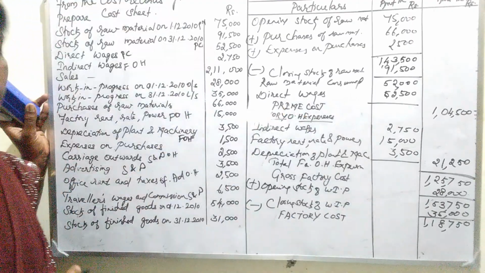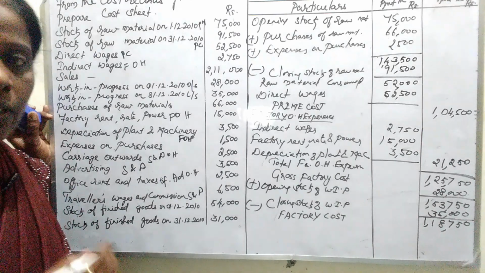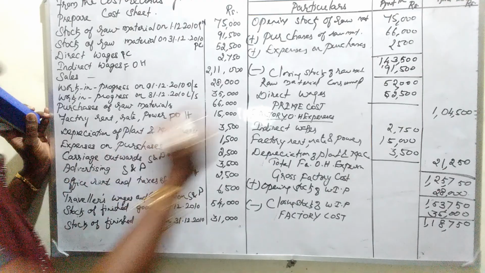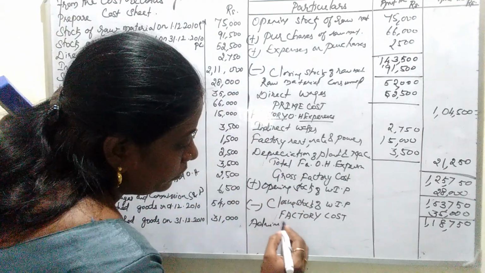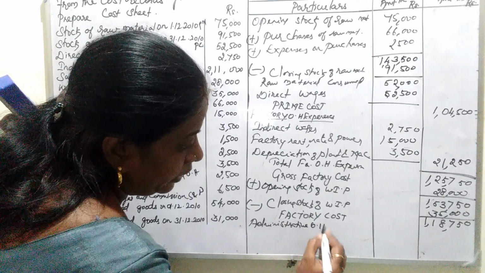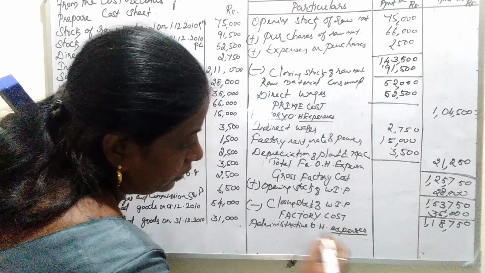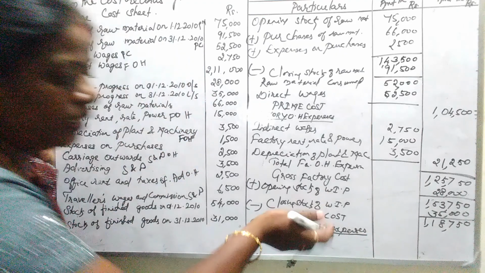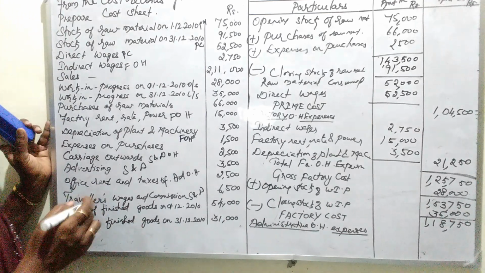Okay, got it. Next we have to add the office or administrative overhead. Administrative overhead expenses, so this is the heading. Here under we write all the office and administrative expenses.